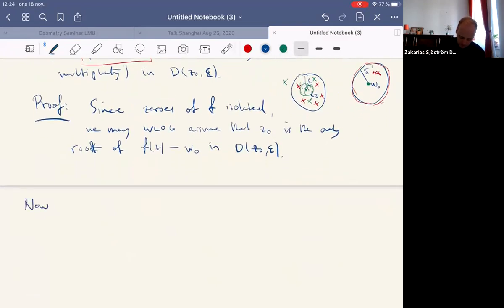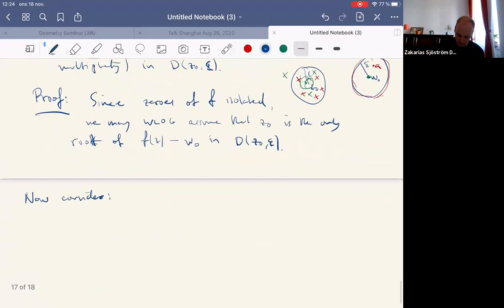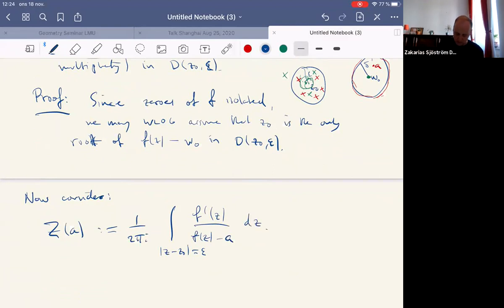And now we consider, so what we want to count is the number of zeros of this function. So the main step is this. Z of a is defined as 1 over 2 pi i, where we integrate along this circle of radius epsilon of f prime of z over f of z minus a dz. And now what does this quantity here represent?